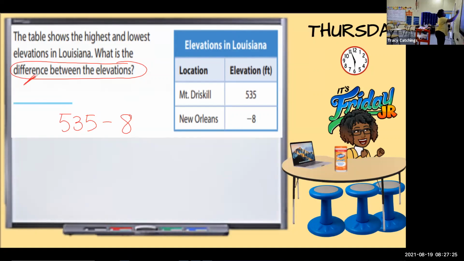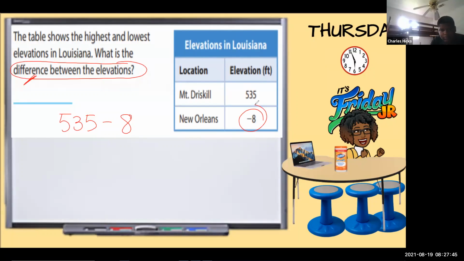So William, I do agree with the 535, and we're going to subtract because it said difference. But what is your second number? Is your second number 8? You sure that second number is 8? It's negative 8. Good job.